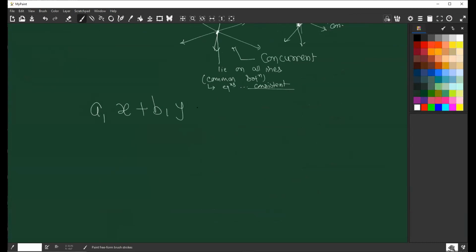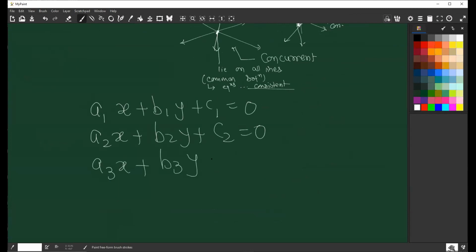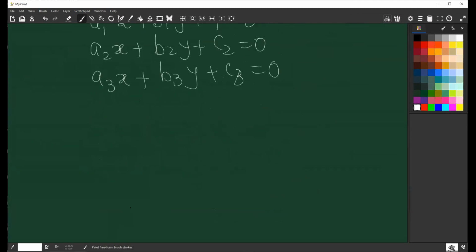A1x plus B1y plus C1 is equal to 0. Yes, Cramer's will be B2y plus C2 is equal to 0. तुम लोगों ने cross multiplication method पढ़ा है. A3x plus B3y plus C3 is equal to 0. ये equations of the 3 lines given.